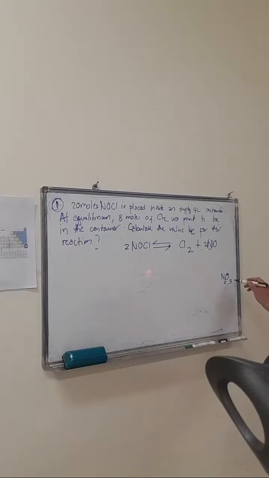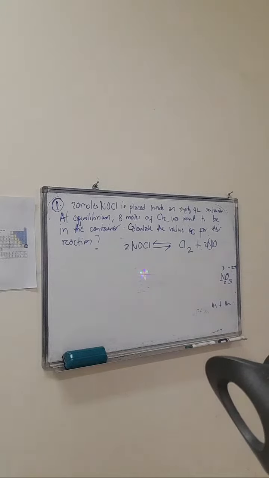This is the charge, negative 2. Meaning to say this is non-metal and non-metal, so this is a molecular compound with covalent bonding. So negative 2 and then positive 3, positive 3 minus 2 is positive 1.